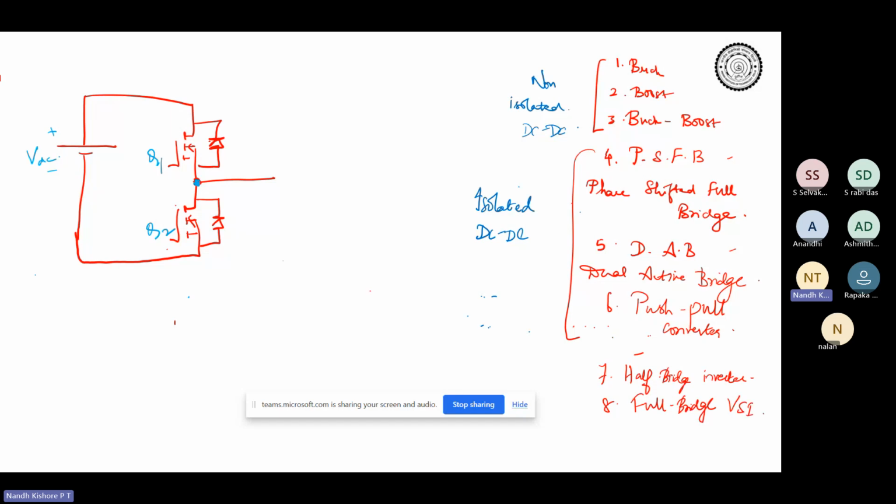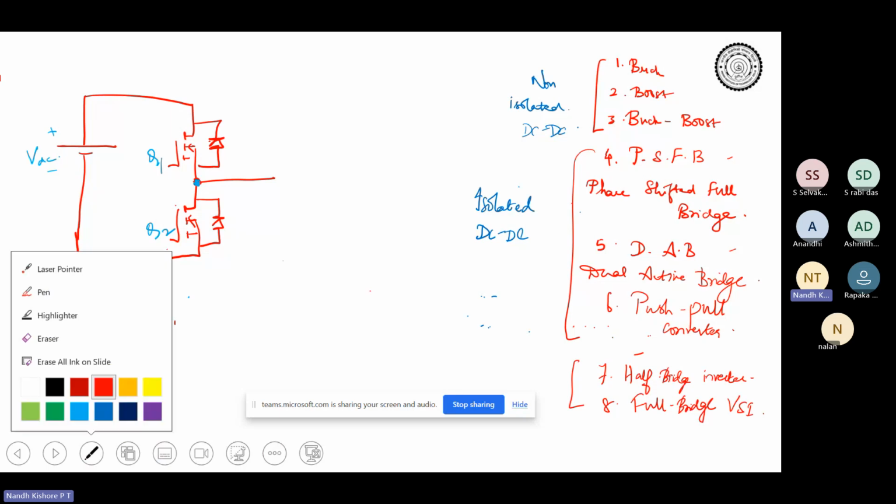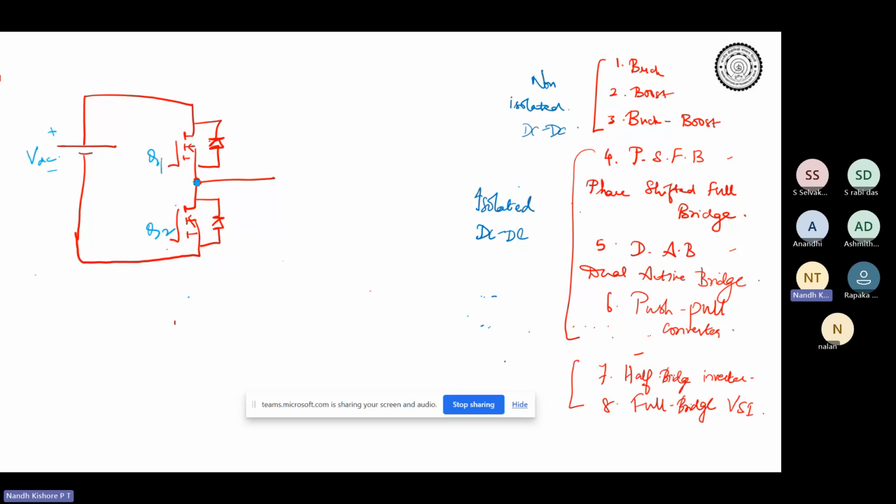In that you also have variants, single phase or three phase and so on. All of these are inverters, DC to AC. What links all of these converters together is that all of them are typically made up of this half bridge that you see.